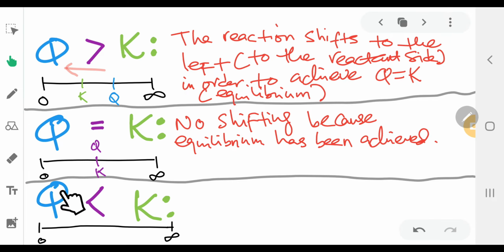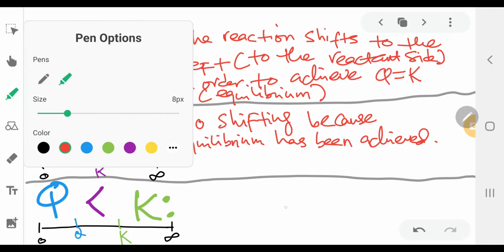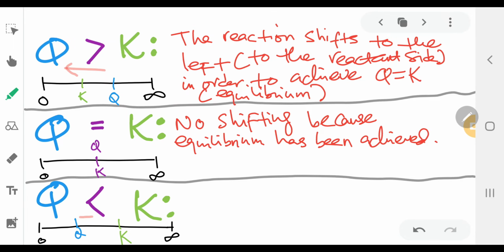So in the situation of Q smaller than K, that means your K value will be closer to infinity. Q value will be closer to 0. So maybe Q is going to be right here. Okay. And then K is right there. So to get K value, your reaction must shift to the right.